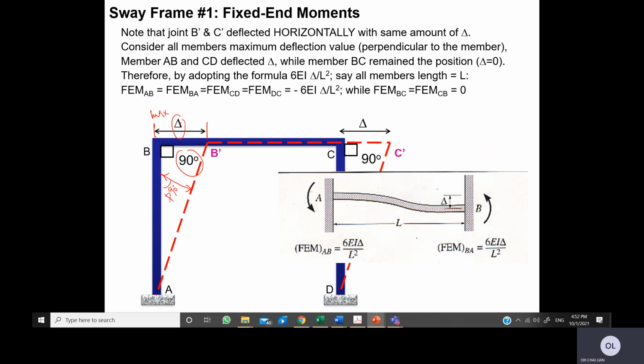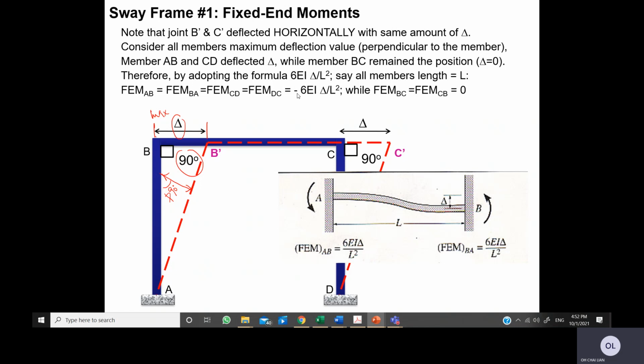Then by adopting the formula 6EI delta over L squared, say all the member lengths are L. Let's say AB, BC, CD is L, because in the formula we need to put in the L. Therefore the fixed moment AB equal to BA, or equal to CD, or equal to DC, is equal to 6EI delta over L squared.